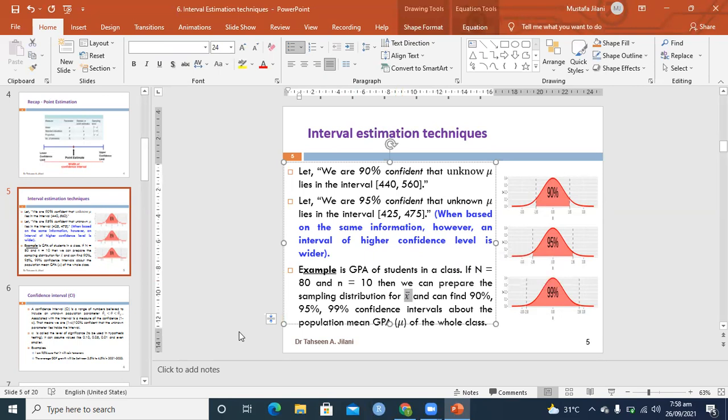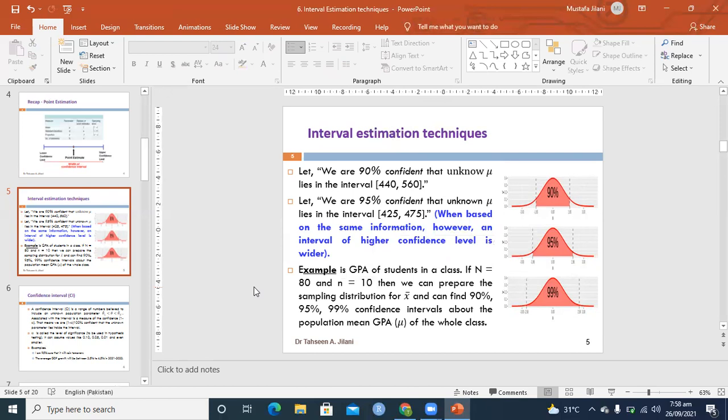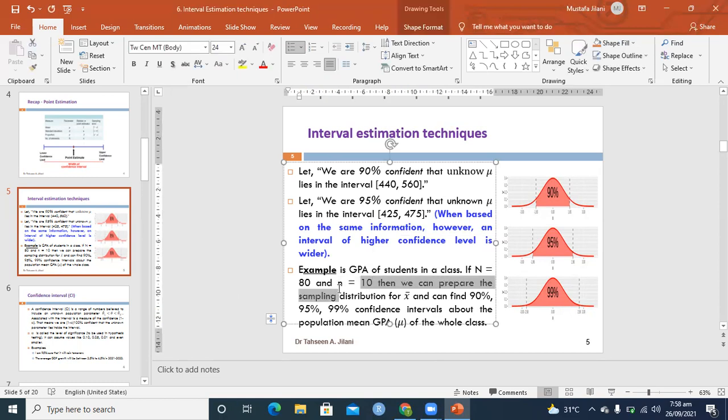We randomly select 10 people, with repetition or without repetition. I think without repetition is the case. 80 combination 10 is the total number of samples. We studied this in the last class. So we can find a 90%, 95%, and 99% confidence interval for the whole class GPA based on only 10 students' data.